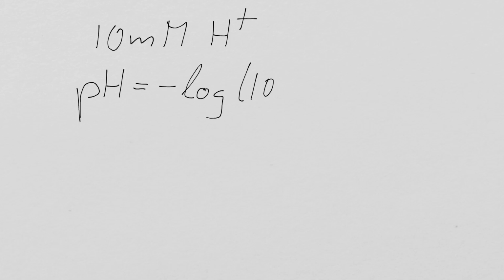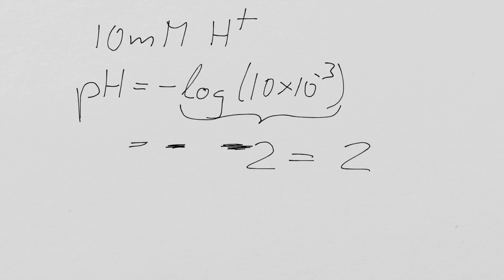And we can convert this proton concentration into a pH simply with this equation, pH equals minus log of 10 times 10 to the minus 3. What is this? Minus 2, negative 2. So pH equals minus negative 2. And that is 2.